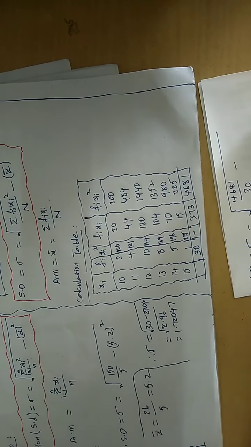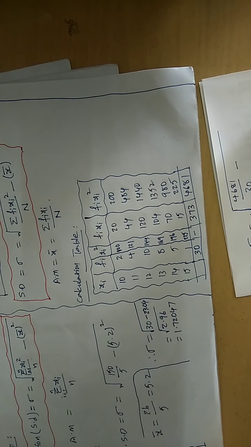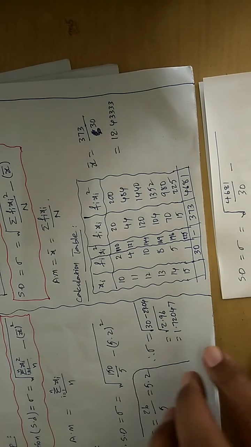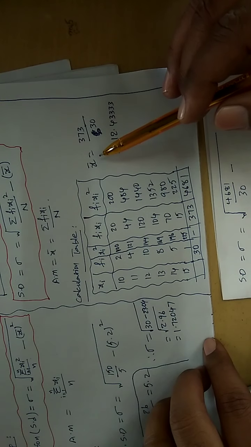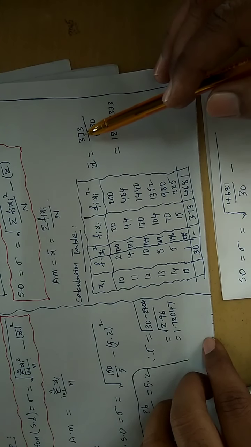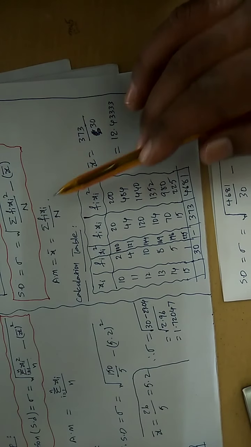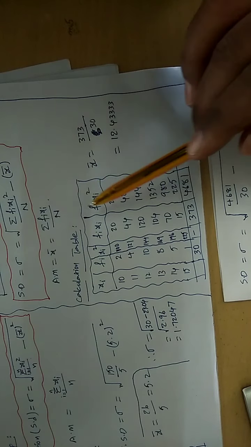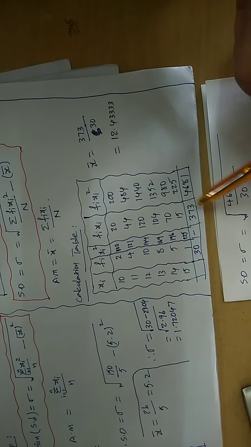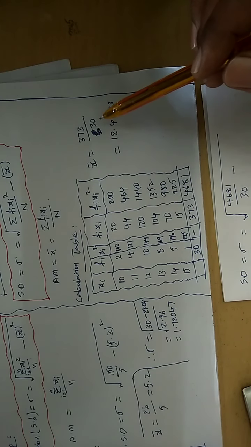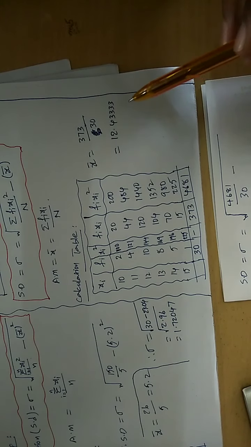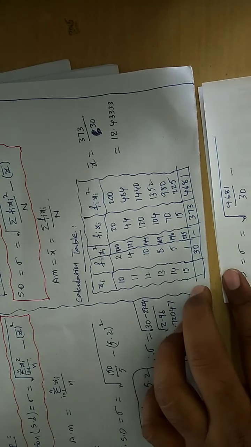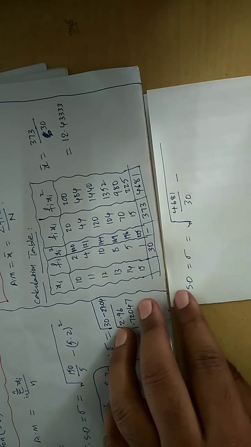So again we need to calculate x bar. What is x bar? Sigma fi xi by n. So sigma fi xi is 373 by total n, frequency value 30. How much will you get? 12.4333 something.